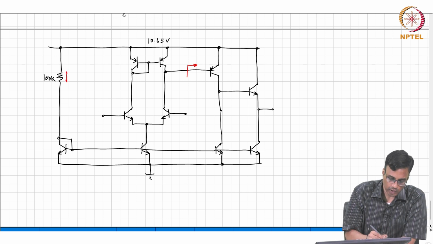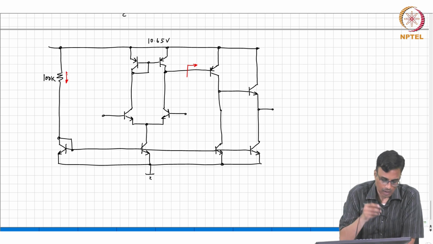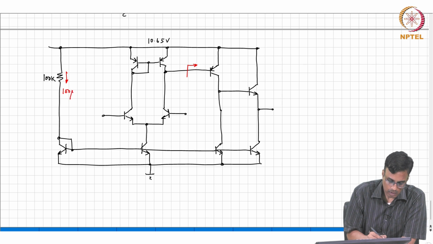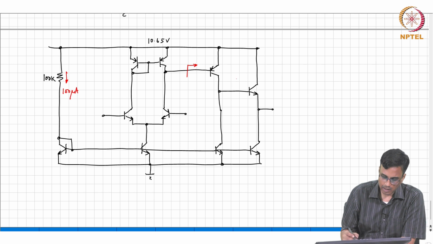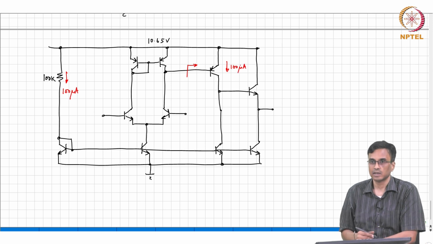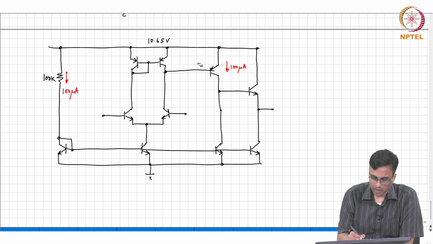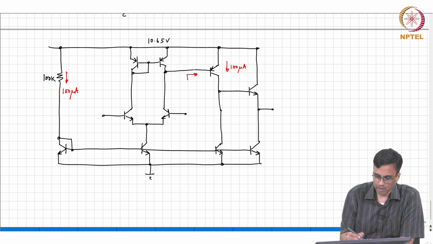By the way, what is the current flowing here? 100 microamperes. And if you assume all the transistors are identical, this is also 100 microamperes. Let us assume the betas are large. So, what is the input resistance looking in here? Let us assume beta is 100 for instance.